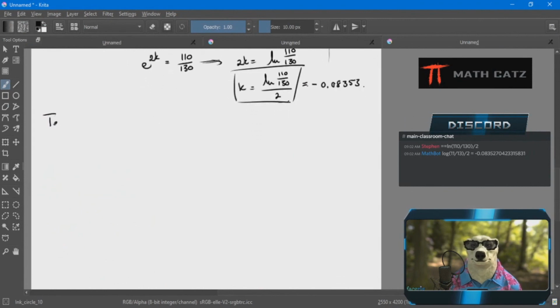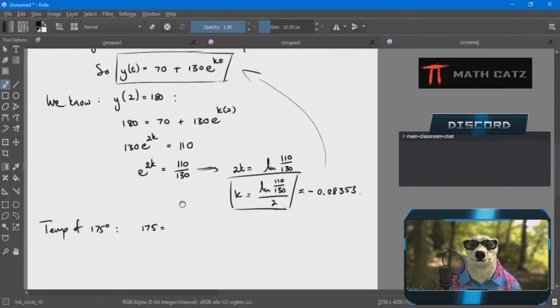So a temperature of 175 is going to happen when? Well, when I plug it into y, what was my function? Up here, 70 plus 130 e to the kt, and I solve for time.